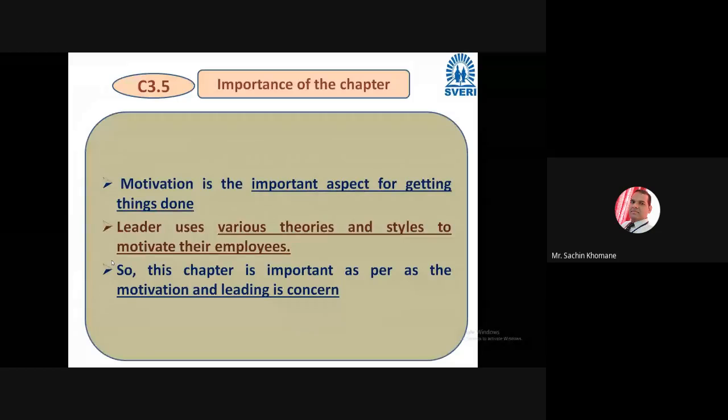So why is this chapter important for you, friends? As Swami Samarth has also told, without motivation, people will not work, right? And within less time, you will not get output. Whatever stipulated time is required for that particular project or task, you should say that. So motivation is an important aspect for getting things done from employees.